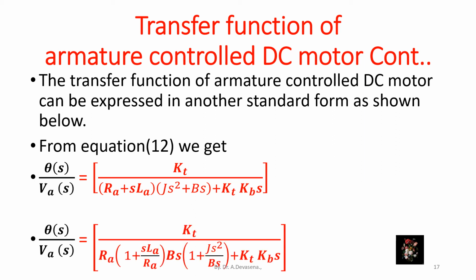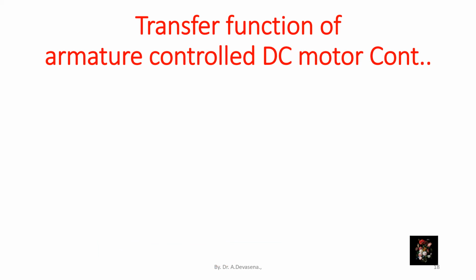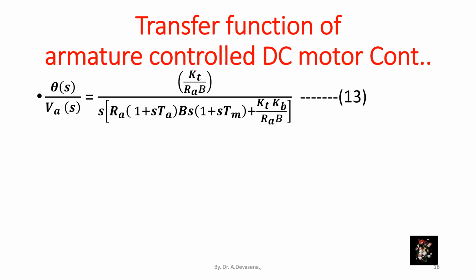That is, θ(s) divided by V_A(s) is equal to K_T, the whole divided by, in the denominator, we have taken the R_A term and the B s term as common, so R_A into (1 plus s L_A divided by R_A) into B s (1 plus J s divided by B) plus K_T K_B s.